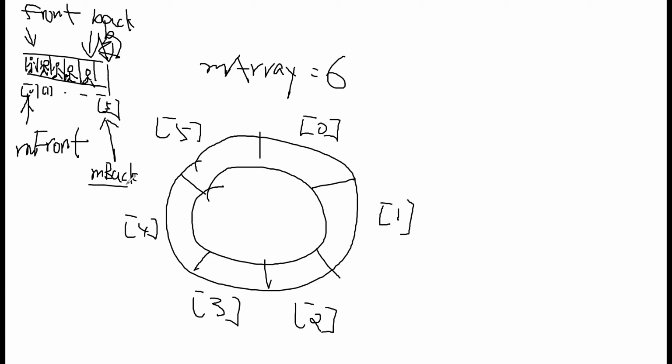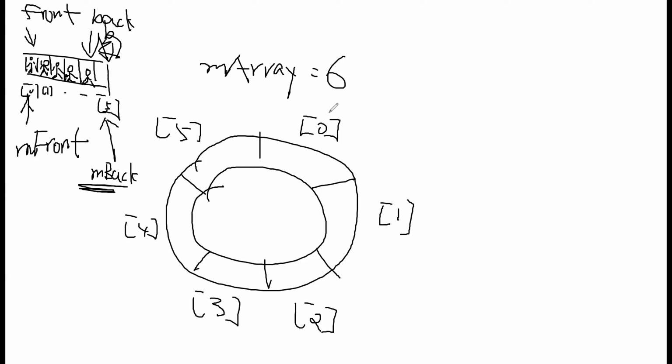Just remember, later on I will explain why we don't use back to directly point where the last item is. We instead let it point to the empty slot right after the last item, okay?